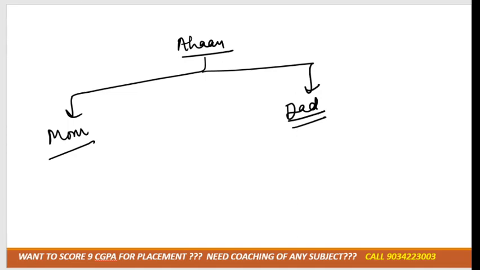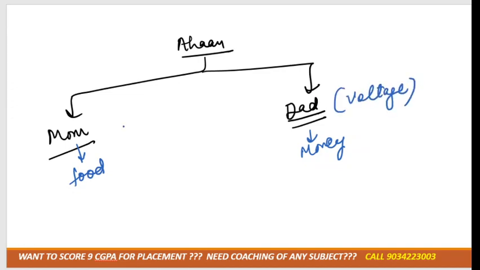If you need money, you will go to your dad. If you need food, you will go to your mom. So similarly, it is depending on voltage or on current. Let's assume that voltage is for dad, male, and current is for female, mom. You will get to know why I am telling you this.